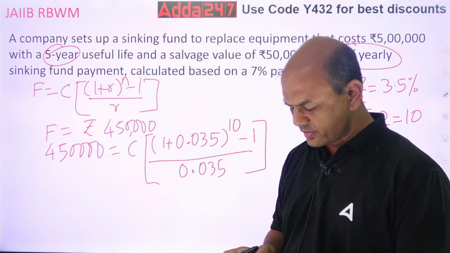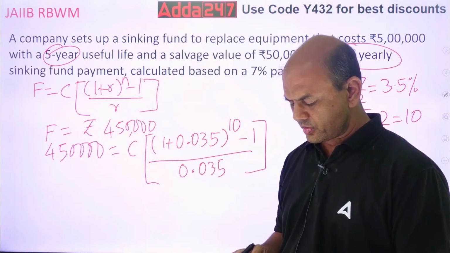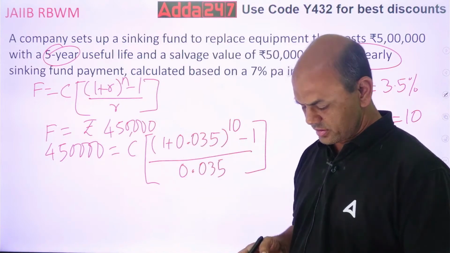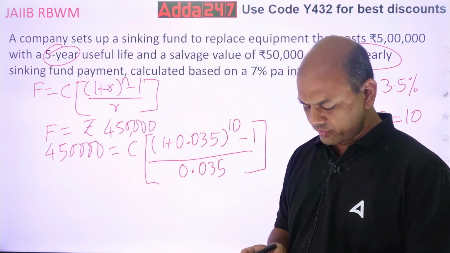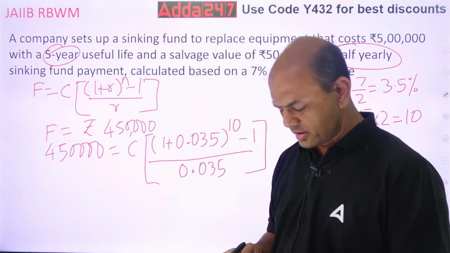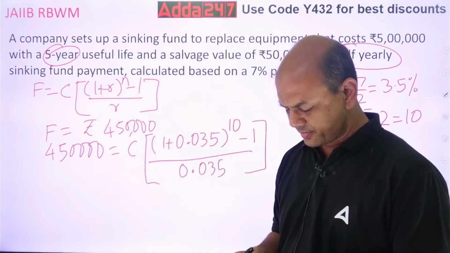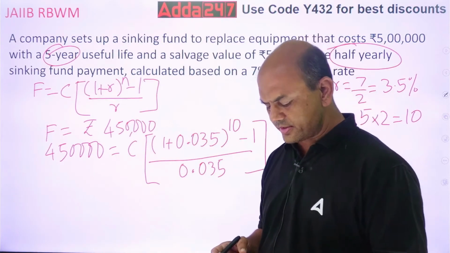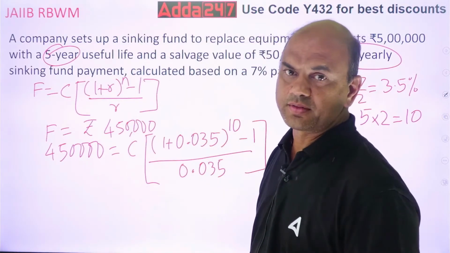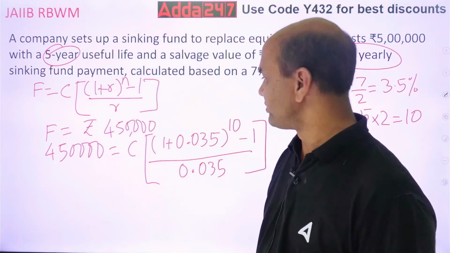I made an error over here. 1.035 into equal to 10 times. So what are you getting? Type in the comment section, everyone. You must get this as 1.41.